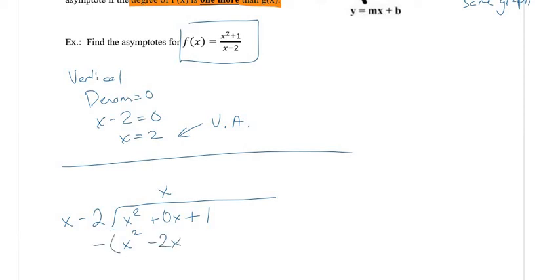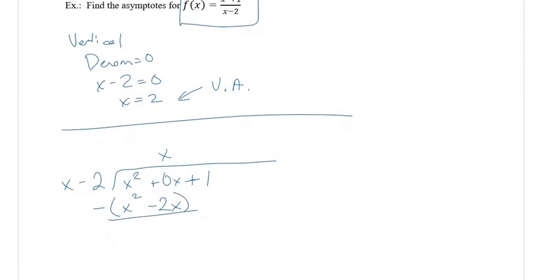And then we're just going to subtract those two from each other. That's going to cancel out the x squared, and 0x minus negative 2x is going to be plus 2x. Then we carry down the 1.